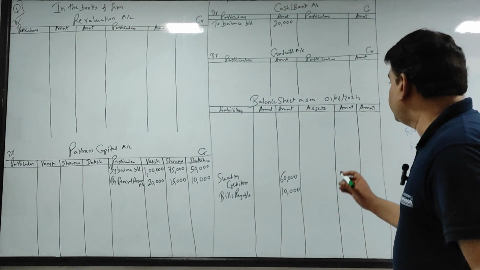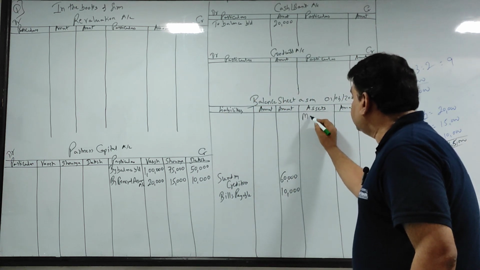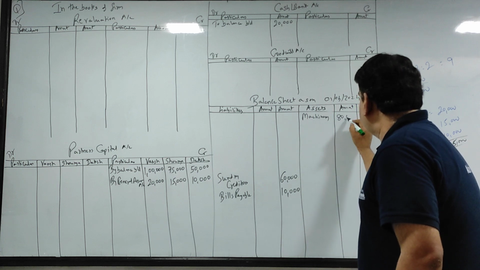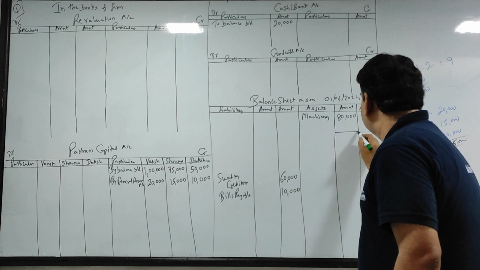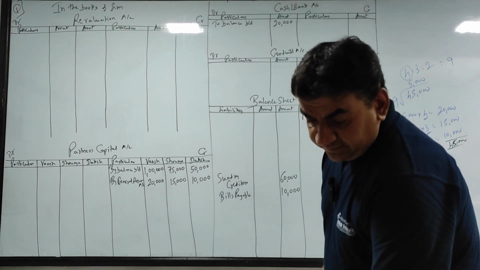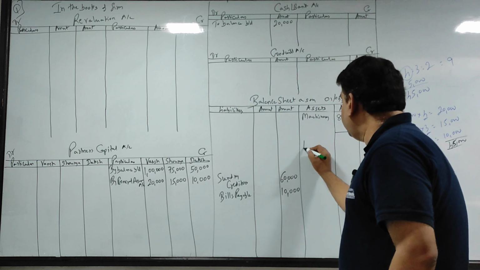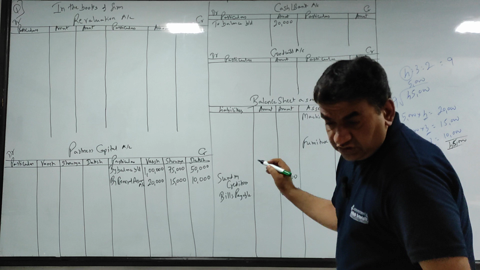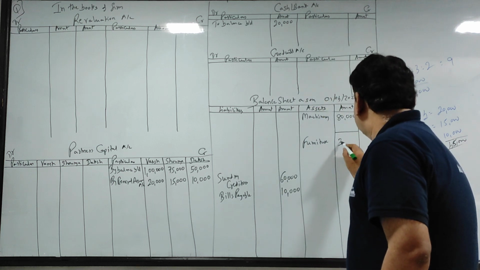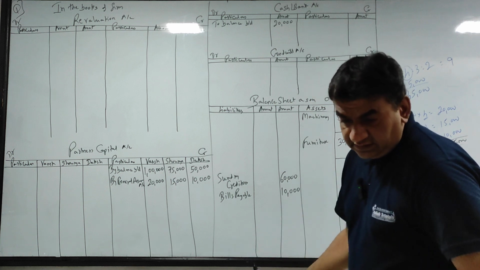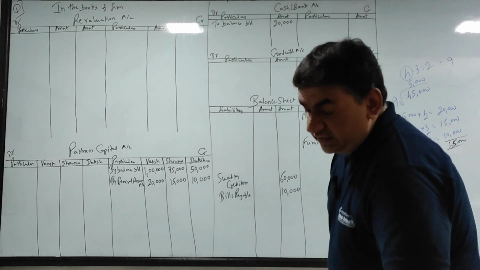Machinery, there is an adjustment. Come to the asset side. Machinery 80,000. Put it in the inner column. Leave a line. Furniture, there's an adjustment. Furniture 30,000. Leave a line. Computer, there is no adjustment.